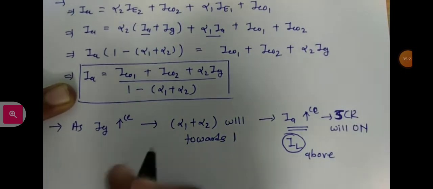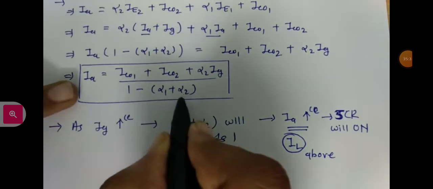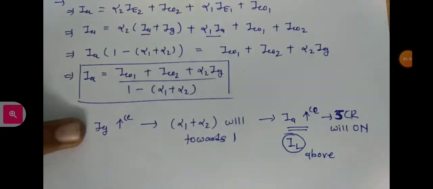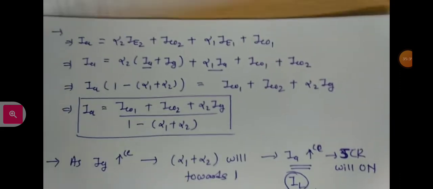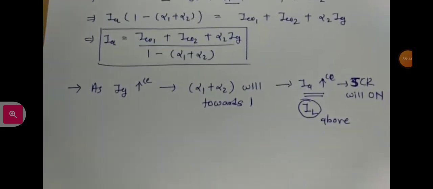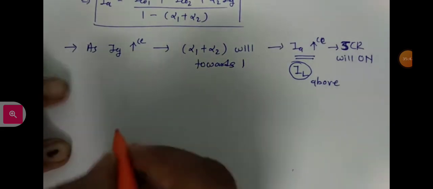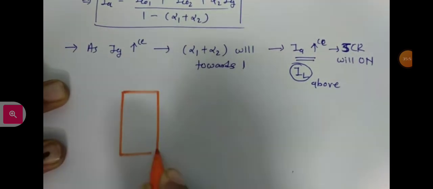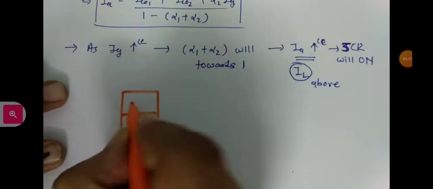Now there should be a question: why will alpha 1 and alpha 2 increase as IG increases? Let us try to understand why that happens. First of all, how do alpha 1 and alpha 2 depend on the transistor? I am just drawing a transistor over here. One can take the example of NPN or PNP, both have the same phenomenon.